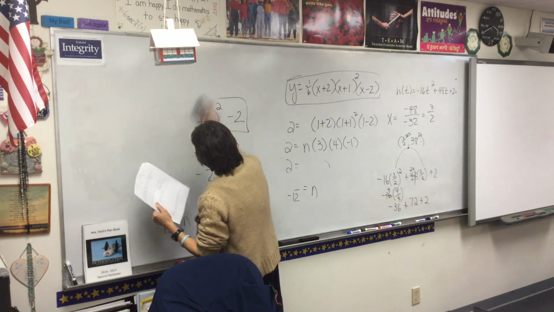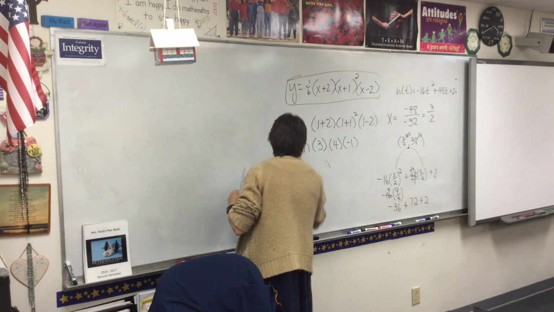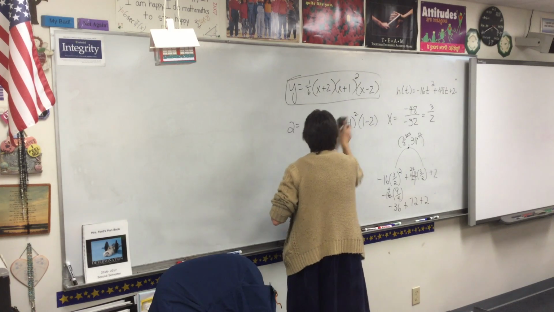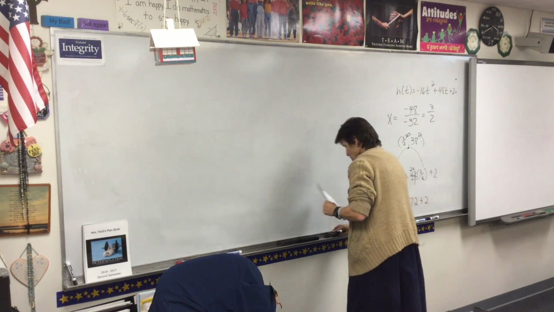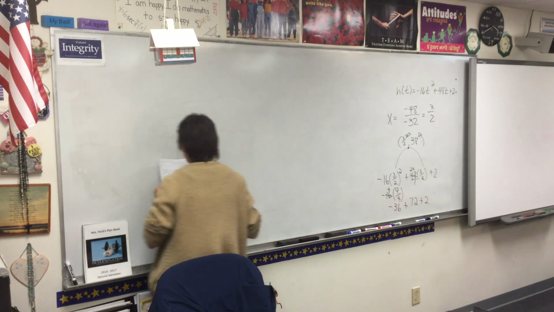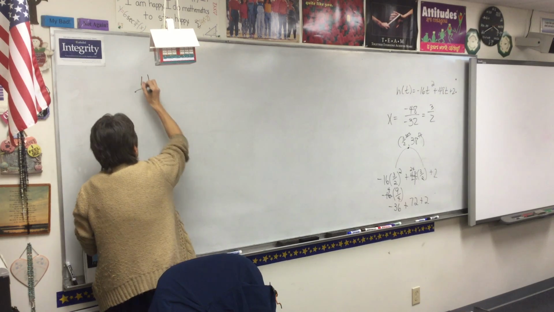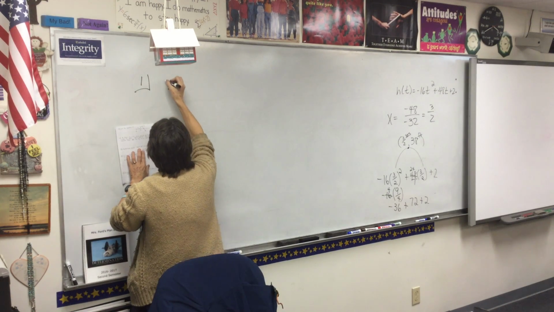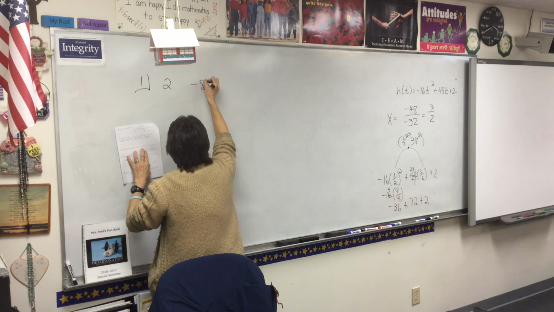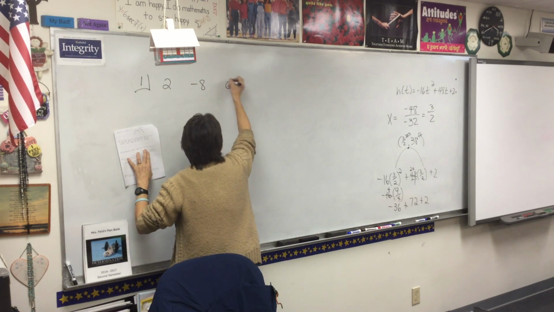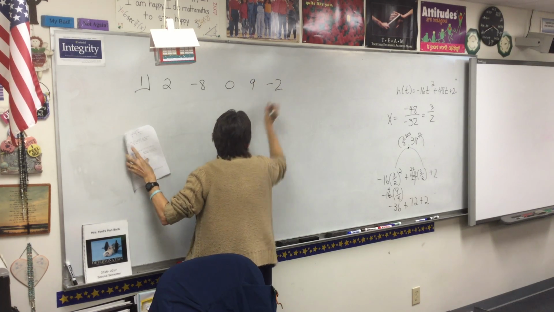All right, now we're going to do a synthetic division problem, and you're going to have to write down the quotient and the remainder, that's all. So we'll do synthetic division. What goes in the box? A 1. Pay attention to -8, 0, 9, and -2.